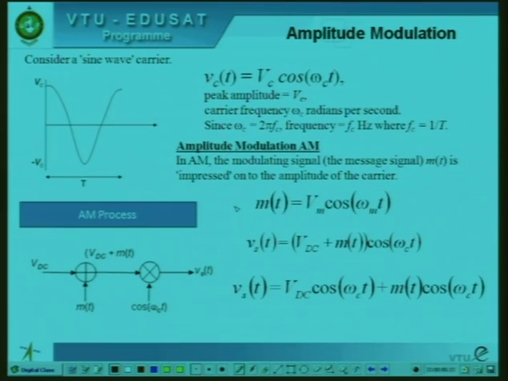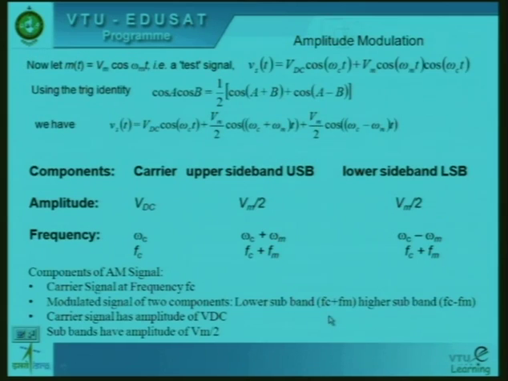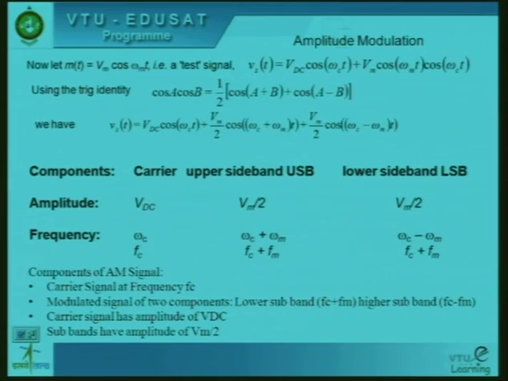Let us now go to the next important aspect. Let us further understand what are the basic components of amplitude modulation. We know that the mathematical expression for Vs of t, that is amplitude modulation, is VDC cos of omega ct plus Vm cos of omega mt into cos of omega ct.